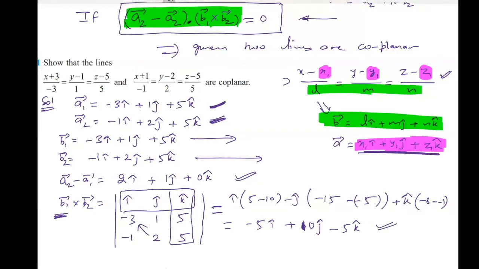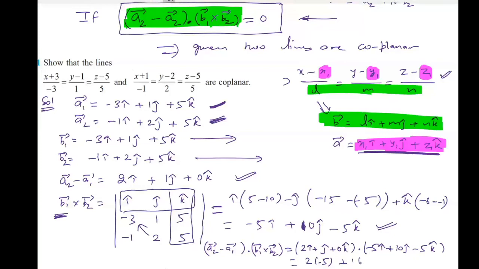So just take their dot product, A2 minus A1 dot B1 cross B2. What is A2 minus A1? That is given here, 2i plus j plus 0k. Dot, what is B1 cross B2? Minus 5i plus 10j minus 5k. Just multiply: this is 2 into minus 5, plus 1 into 10, plus 0 into minus 5.